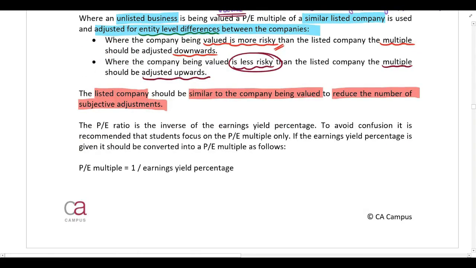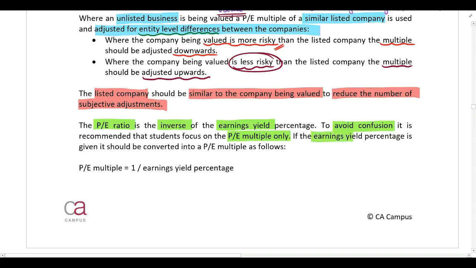Then lastly, before we actually apply this to our question, please remember that the PE ratio is the inverse of the earnings yield. I discussed this with you when we looked at the analysis and interpretation of financial and non-financial information. And I said the same thing then. To avoid confusion, it is recommended that you focus on the PE multiple only.